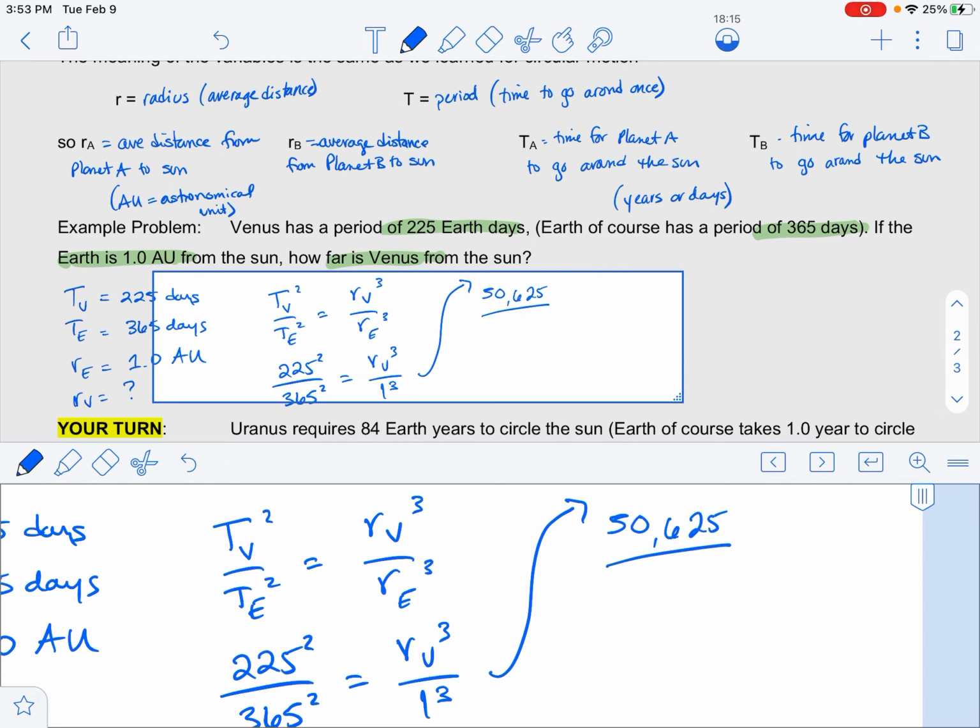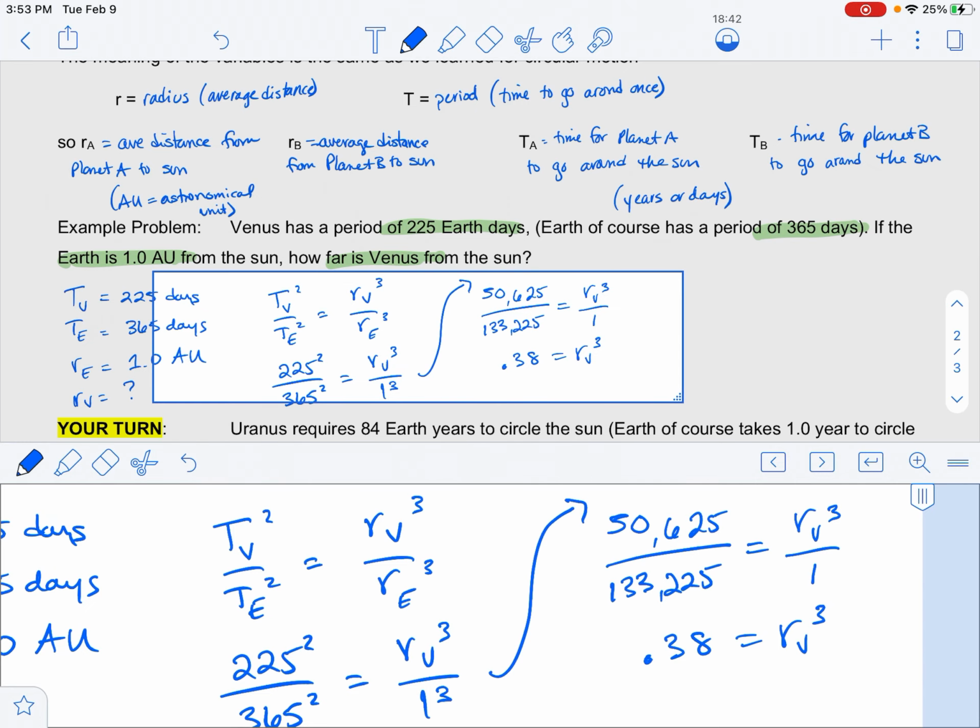And if I square 365, I've got 133,225. And this is equal to RV cubed over, and 1 cubed is 1 times 1 times 1, so that's just 1. All right, and so now I'm going to divide. So if I divide these two numbers, I'm going to get 0.38. RV divided by 1 is RV, so RV cubed here.